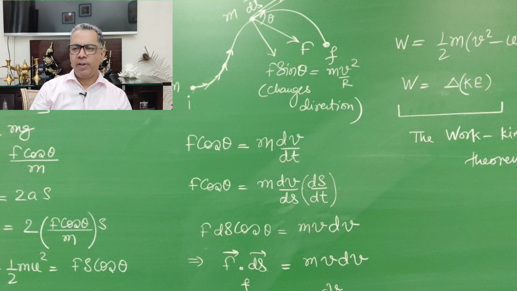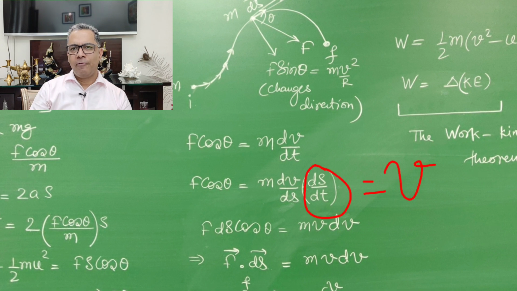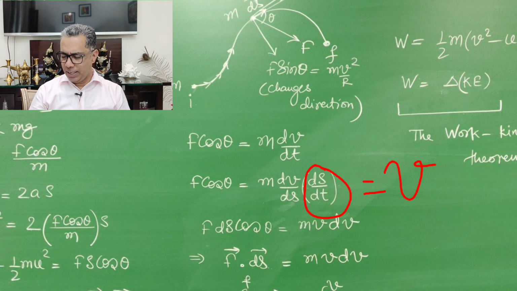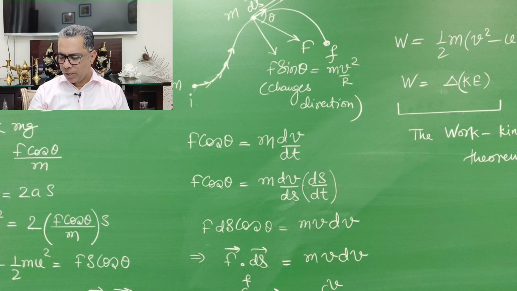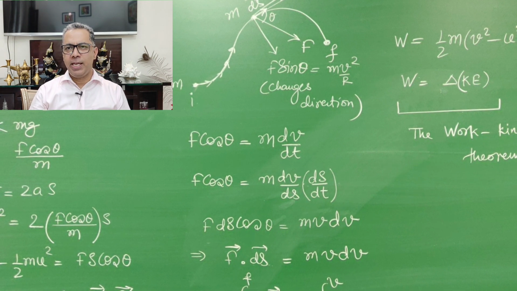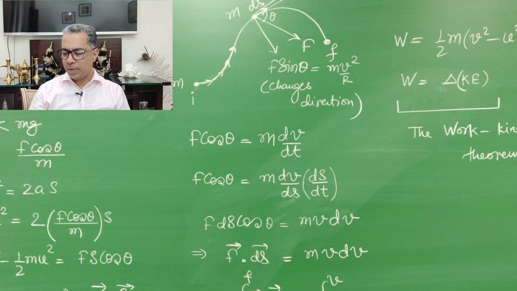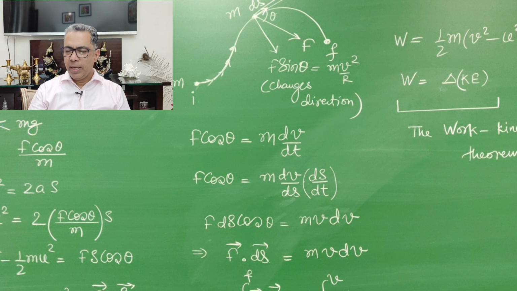Of course, we have replaced ds by dt by v; we all know ds by dt equals velocity v. So f ds cos theta now equals mv dv, and therefore f dot ds equals mv dv.